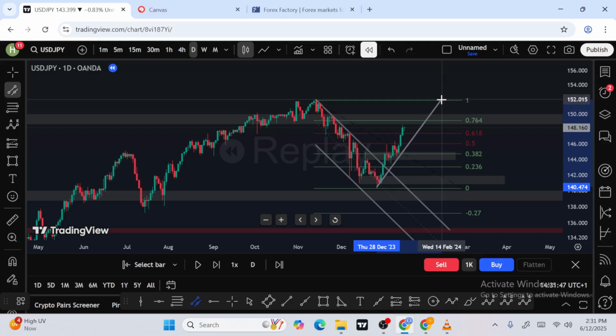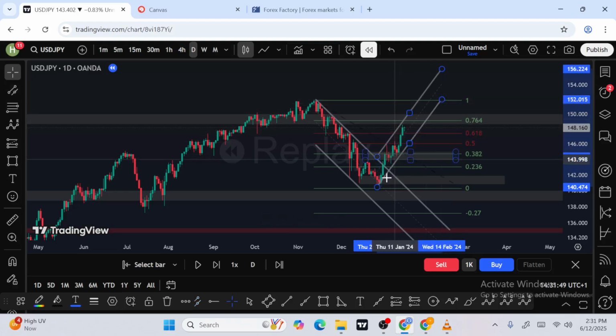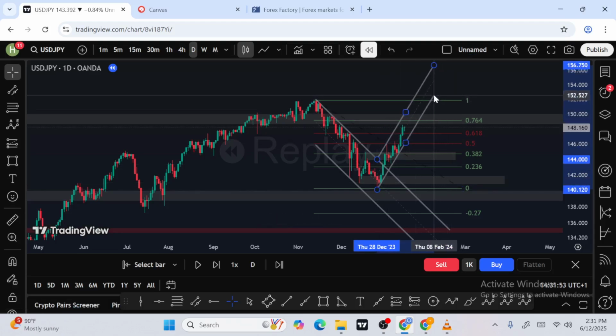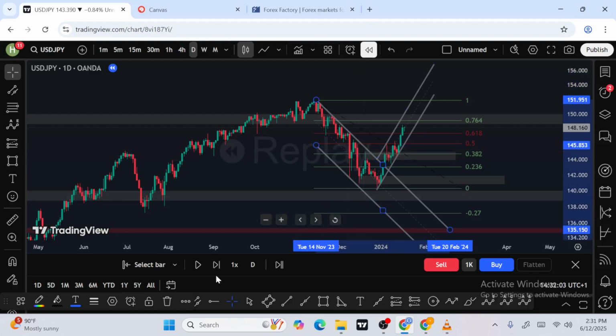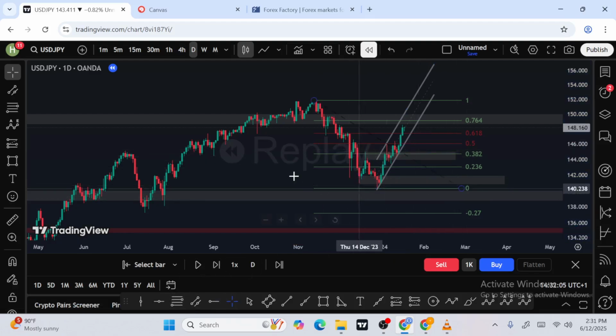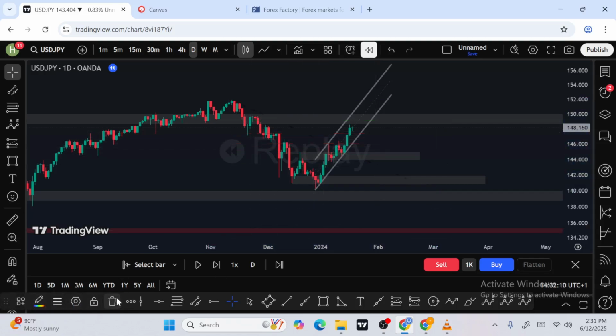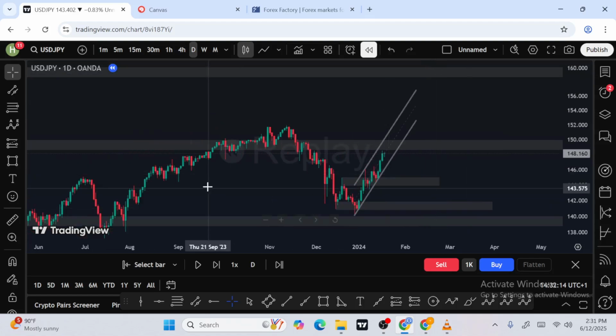Boom, boom, boom. This channel is responsible for the breakout from this trend. Are you following? So this is what I'm looking at now. This one has finished its work. Great. Are we following now?